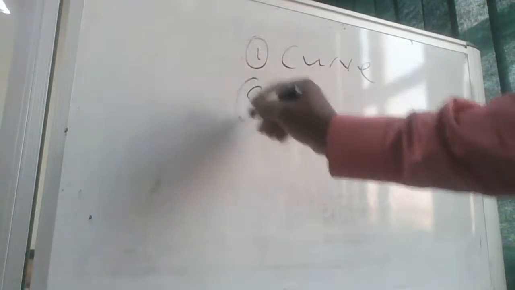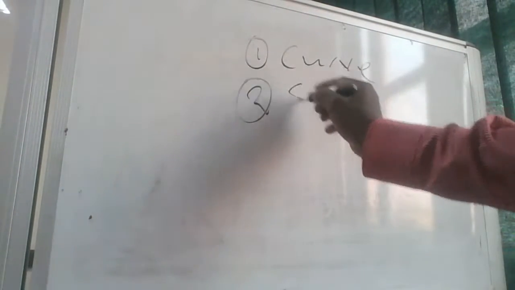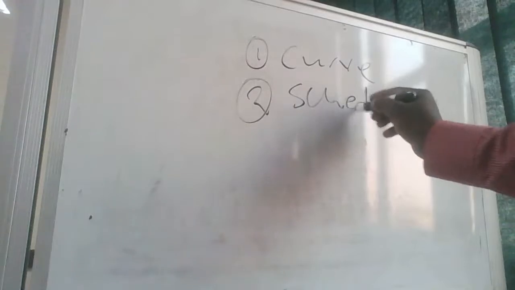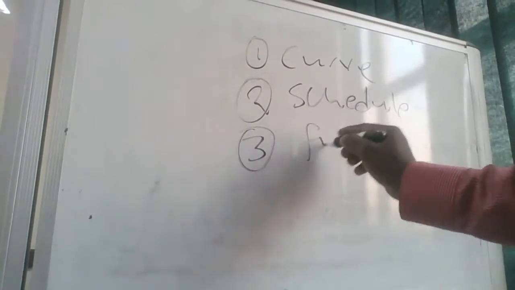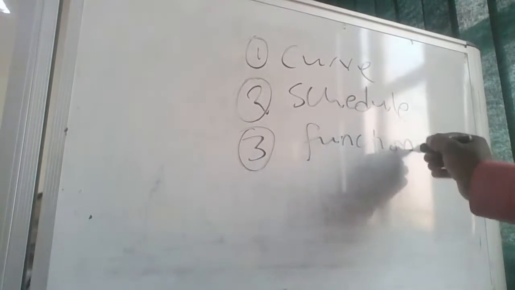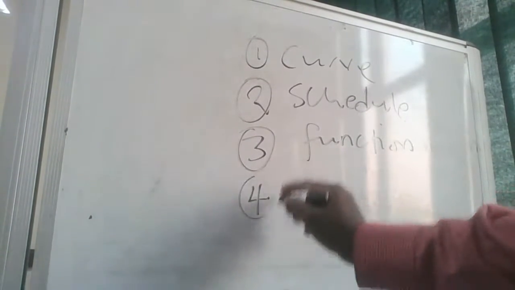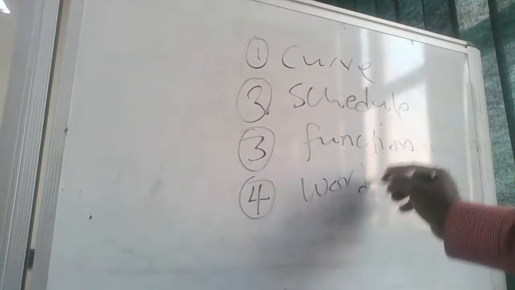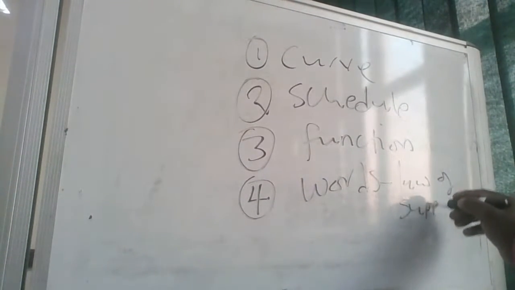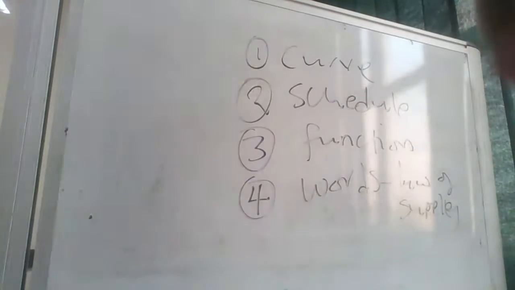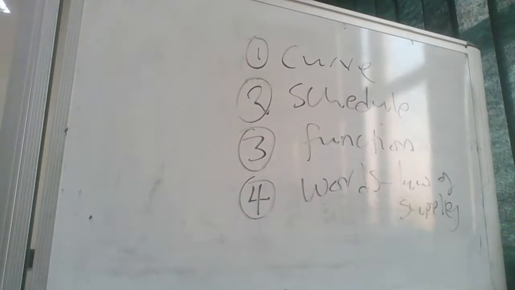The second one is to use a supply schedule. The third one is to use a supply function or equation. And the fourth one is to use words, such as the law of supply. Whichever you use here, it will send the same message: the positive relationship between price and the quantity supplied.